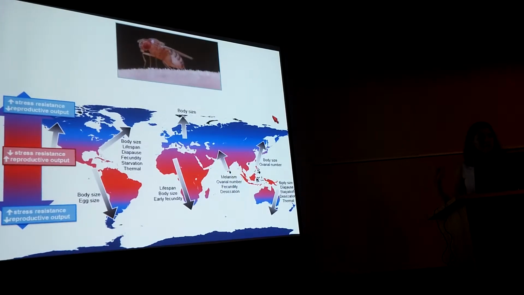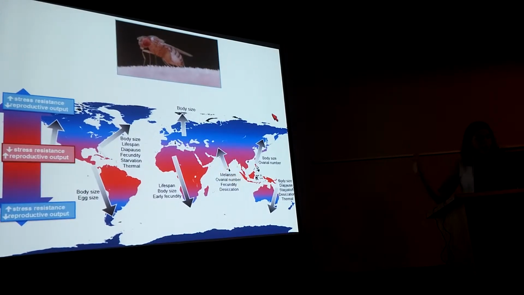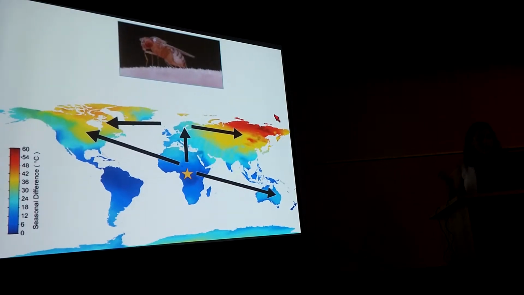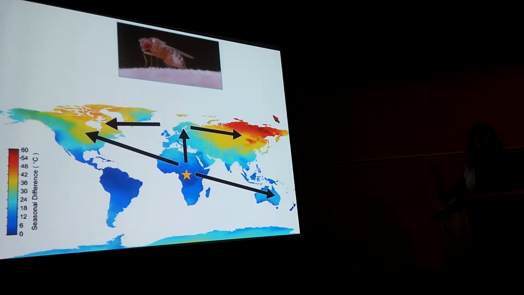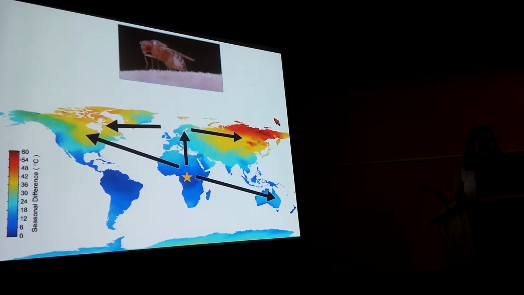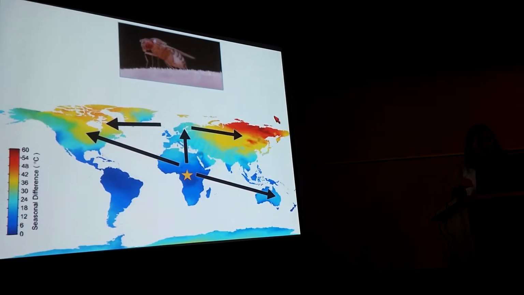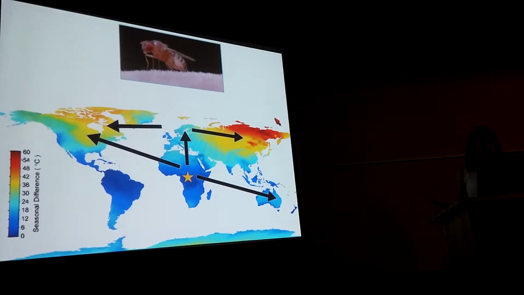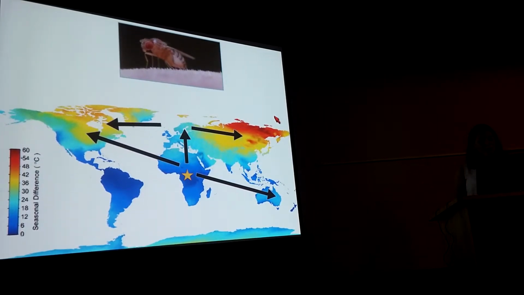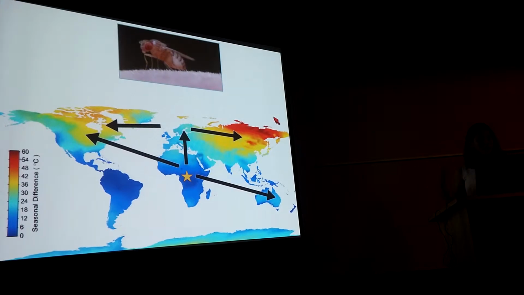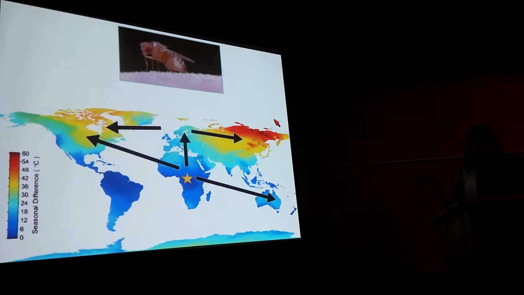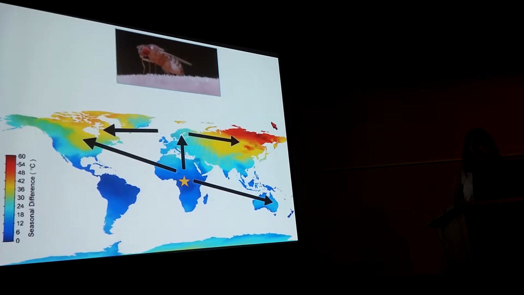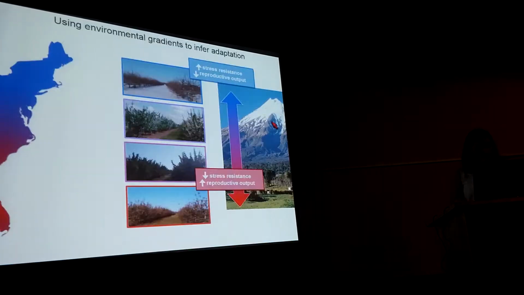But it's not just the absolute temperature that is changing in these different environments, but it's the amount of change across seasonal time. And so you can see here that the flies originate in an environment that has very little change across seasonal time, and they now inhabit some locations that have strong annual fluctuations. And so I'm going to use what we know about adaptation across latitudinal clines to make predictions about what we expect to see across seasonal time.